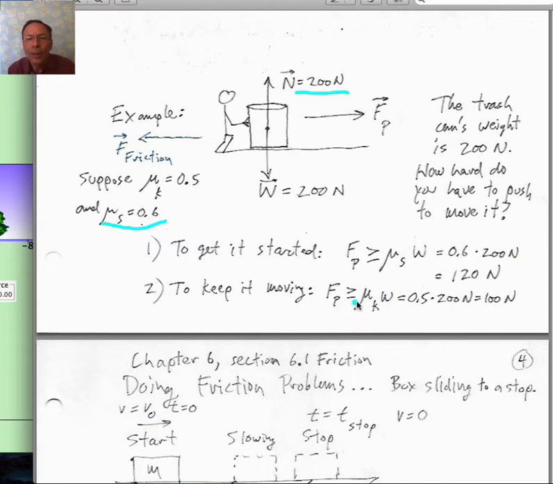So you want the pushing force to be at least equal to the kinetic friction coefficient, which I'll switch to red here, times the normal force, which was 200 newtons. So 0.5 times 200 gives you 100 newtons. This 100 newtons would be just enough to keep it moving.